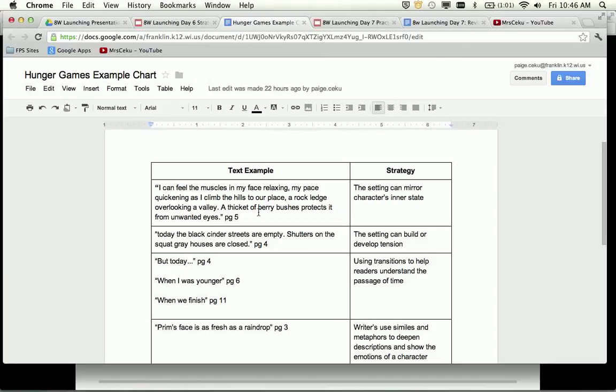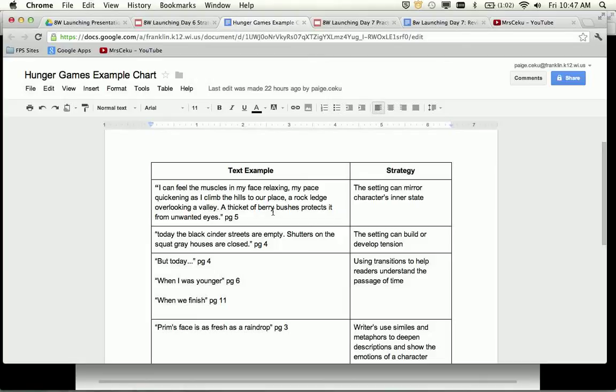So for instance, on page 5 in the Hunger Games it says, "I can feel the muscles in my face relaxing, my pace quickening as I climb the hills to our place, a rock ledge overlooking a valley. A thicket of berry bushes protects it from unwanted eyes." It says the setting can mirror the character's inner state. This setting is like away, hidden, private.